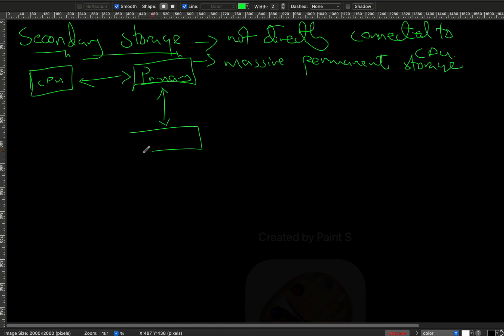It's not directly connected to the CPU. That's basically what we can talk about as far as the connection is concerned. So this is my computer right there.